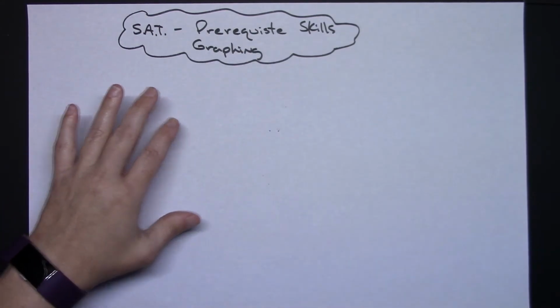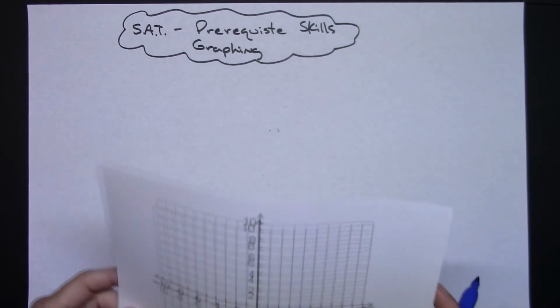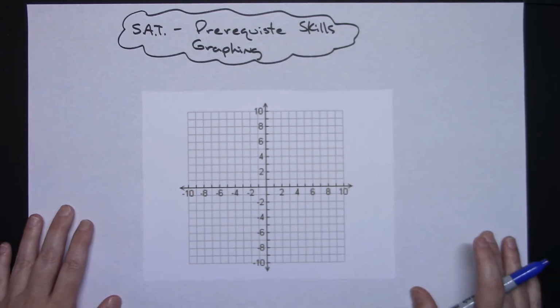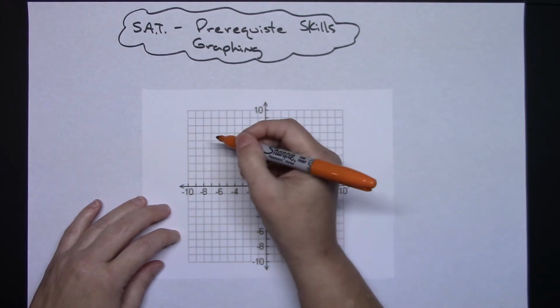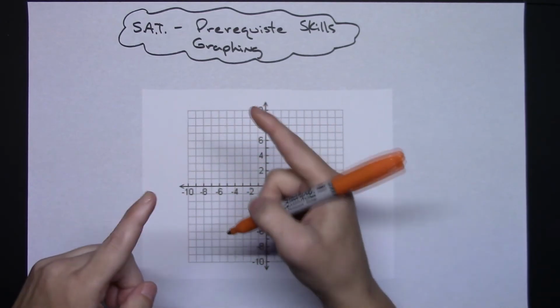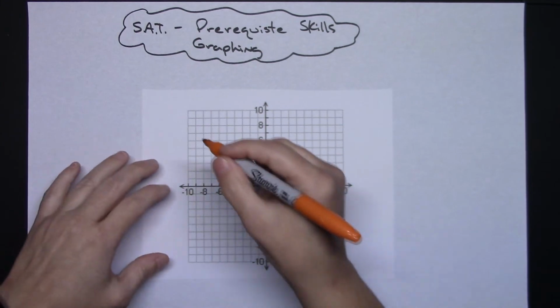Now if we do one more, taking a look at things that they would expect you to be able to do as far as graphing goes, they would expect you to deal with a system of equations, 2 equations at once. There's a variety of different things that can happen, but basically 3. I could graph an equation, and 2 equations cross at one point.